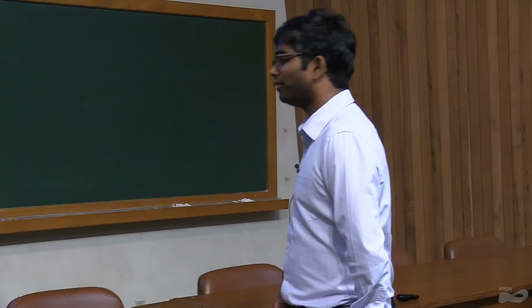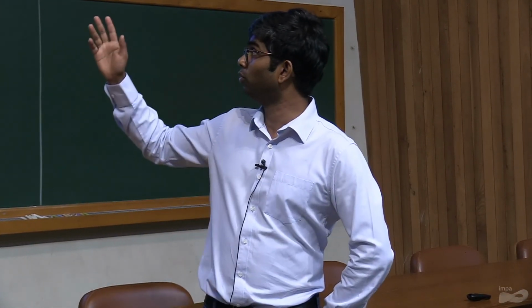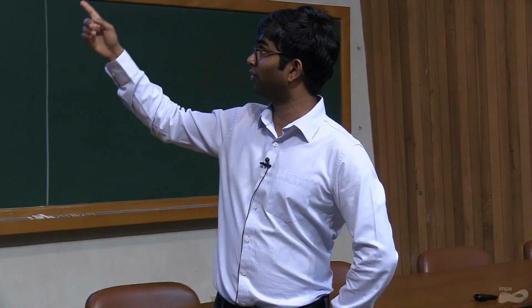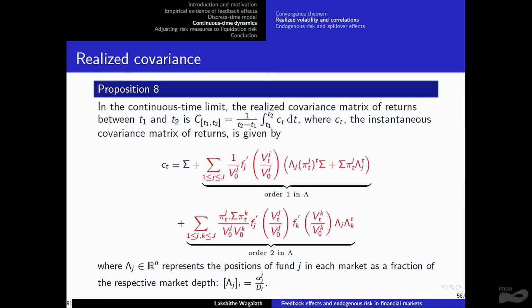You have to have some smoothness of phi to fit the mathematical theorems: phi has to be twice continuously differentiable and so on. But you can have phi be, for example, the delta hedging of an options position, and that would give you a quantitative framework to explain stock pinning. There are no other conditions on phi.